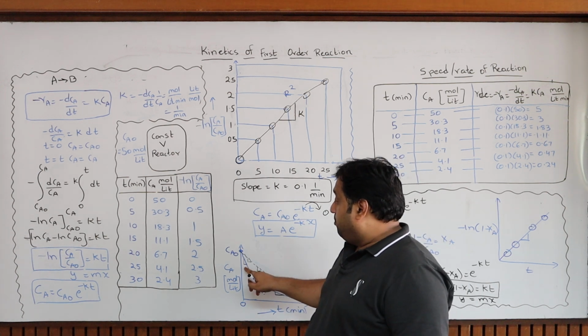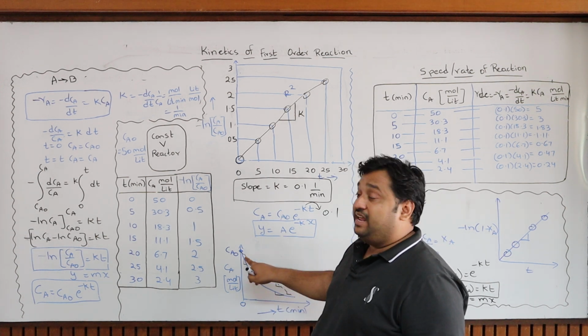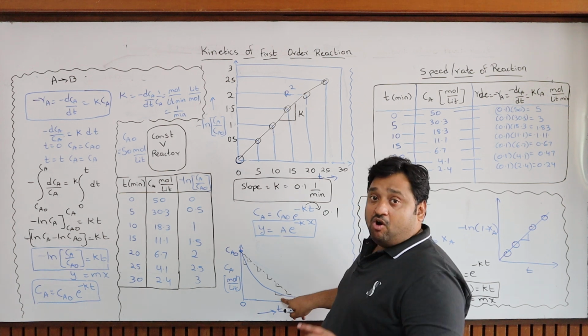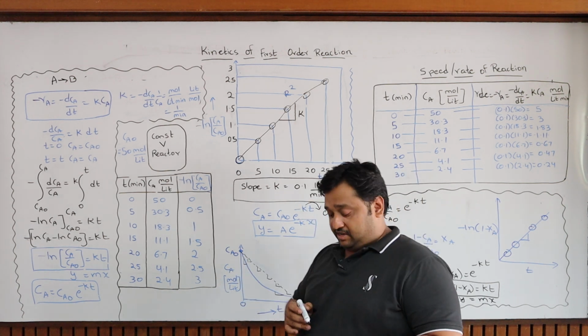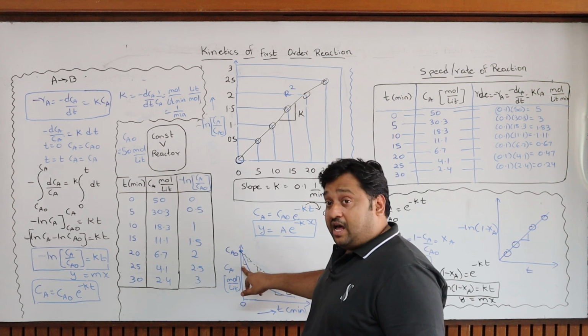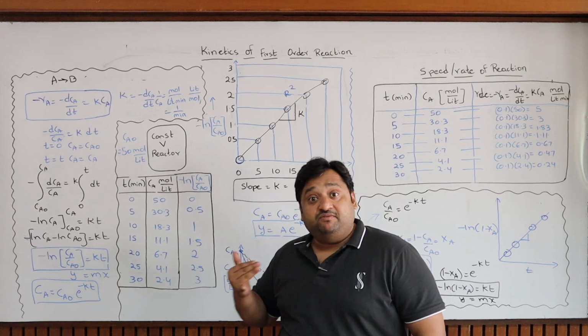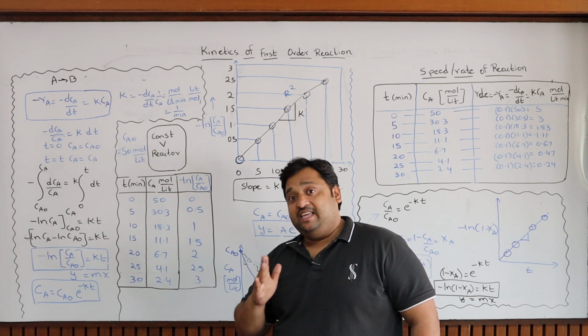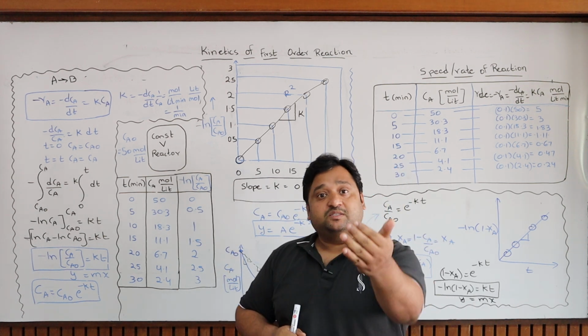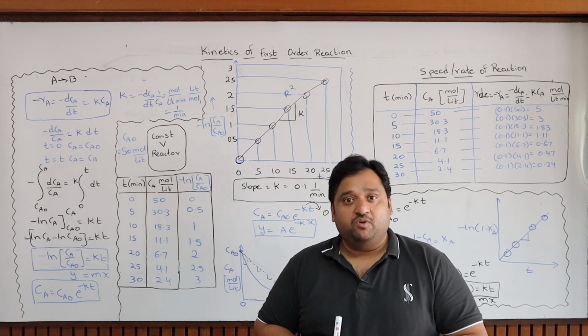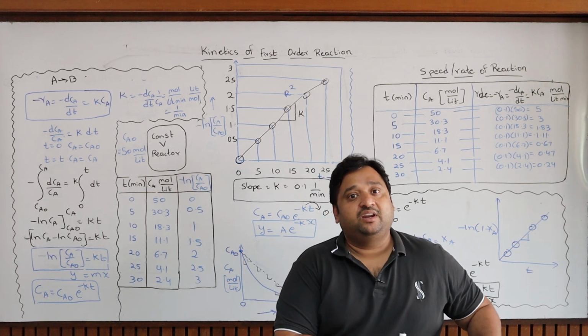The slope is steeper at the beginning of the reaction, and not steeper towards the end. Larger slope means the speed of the reaction is fast at the initial stage. Low slope means the speed of the reaction is slow towards the end of the reaction.